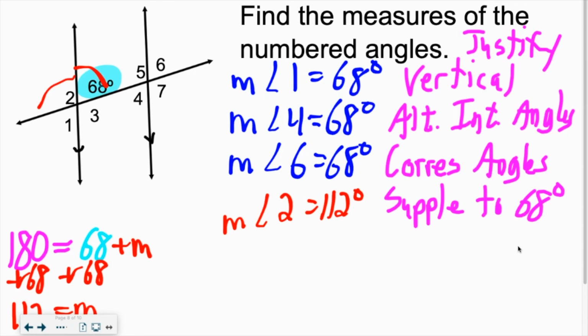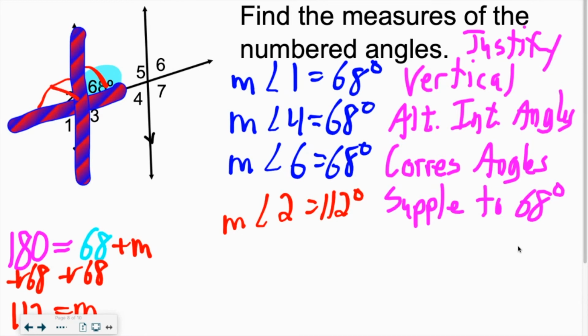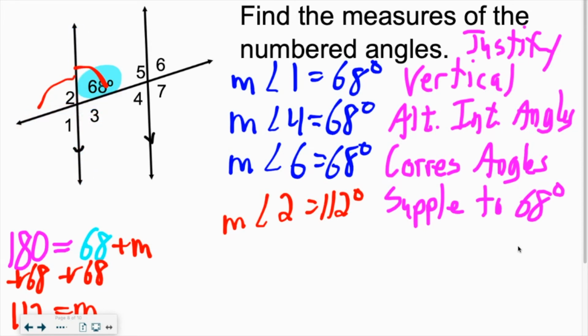From there, there's not just one way to fill all these in. Again, when I look at this, I kind of see an X here. So when I know angle 2, I can go across that X. That is my vertical angle. So looking at it across from 2 and that X, directly opposite, making opposite V's, is angle 3. So the measure of angle 3 is also 112 degrees.